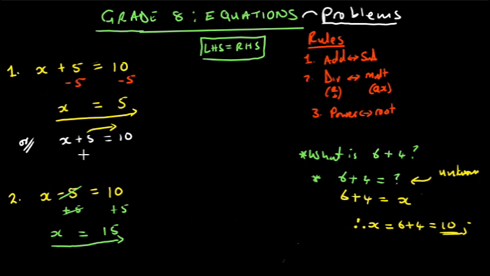So x is going to be left alone and 10 is already here. This 5, the moment it crosses an equal sign, the sign changes. It changes to minus. Now it's minus 5. So x is equal to 10 minus 5 and the answer is 5. So you see we got the same answer that way.